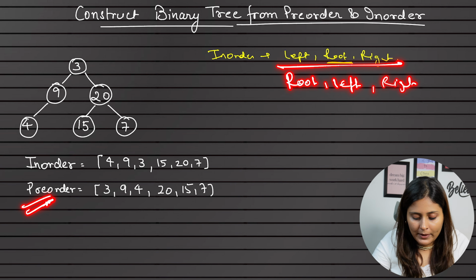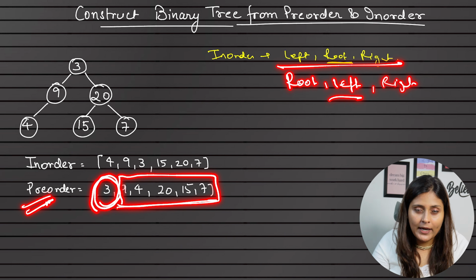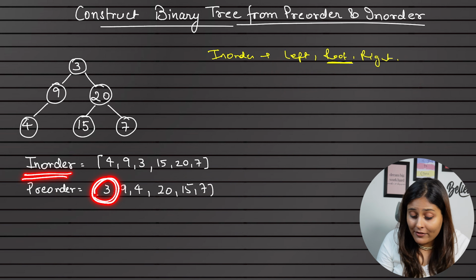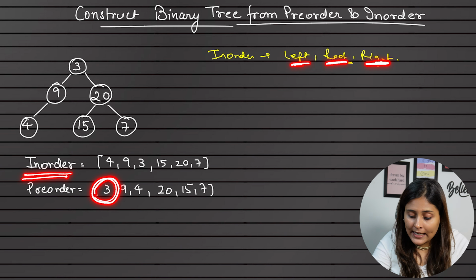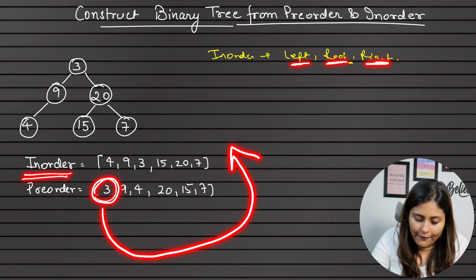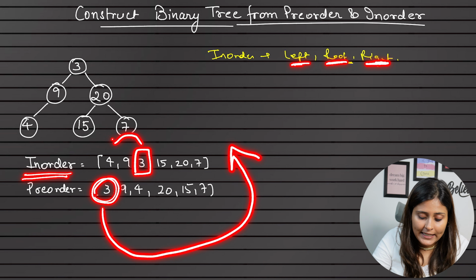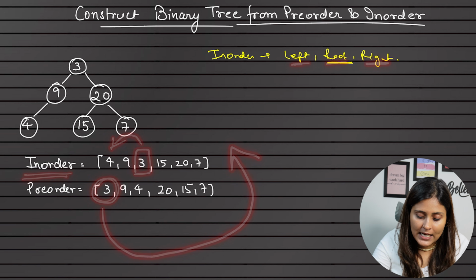So I don't know what will be the left child and right child from this much, but I am for sure about the root, that 3 will be my root. So if the root is 3 and in-order we have stored first left, then root, then right, then can I say that if we search this 3 in the in-order traversal and we have found it here, means for sure whatever comes before 3's index will be my left nodes of 3, means first I'll make 3.